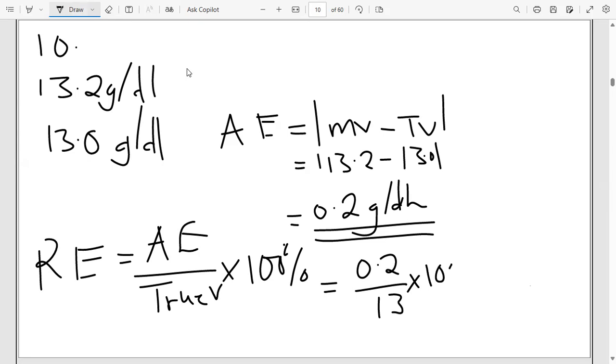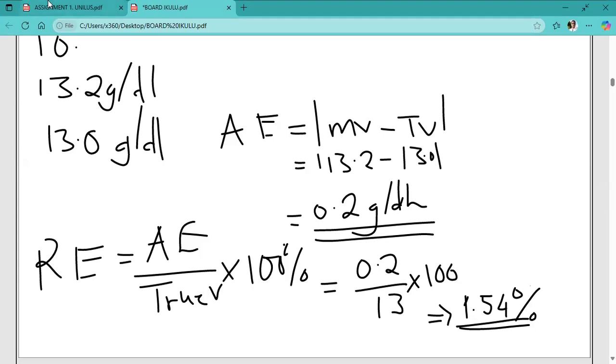Multiply this by 100%, and we're going to get a relative error of 1.54%. The relative error in our calculation is 1.54%, and that is the final answer. So the absolute error is 0.2 grams per deciliter, whilst the relative error is 1.54%. That is all on question 10.